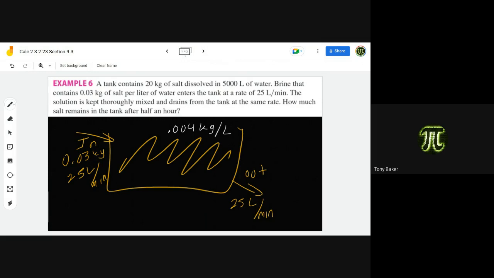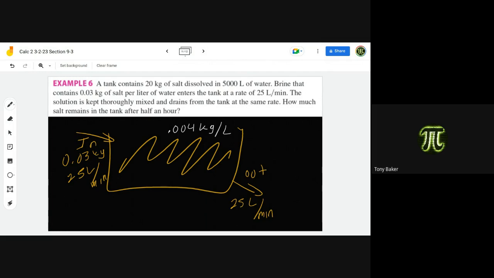That's the change. And the rate is 25 liters per minute. So those are both derivatives, both in terms of change. So if I want to find the thing that I have to start with, I need to do a differential equation. Are there other ways to do it? Yes. This just happens to be the way we're going to show you.